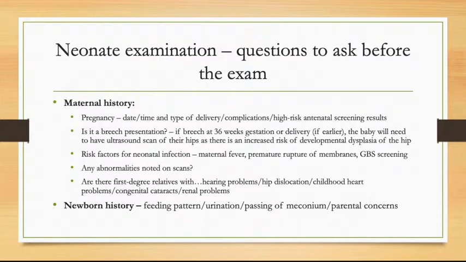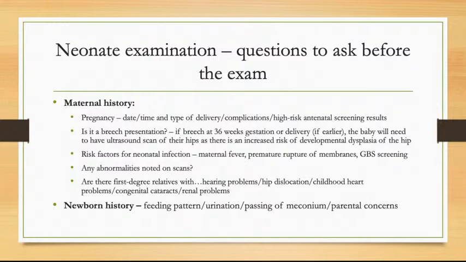You have to check if the baby came out head first or feet first, because if it's breech presentation, the baby will need an ultrasound scan of the hips to look for developmental dysplasia of the hip. And then you need to ask if there are first-degree relatives with hearing problems, hip dislocation, childhood heart problems, congenital cataracts, and renal problems. And these are the things you're looking for during your NIPE.